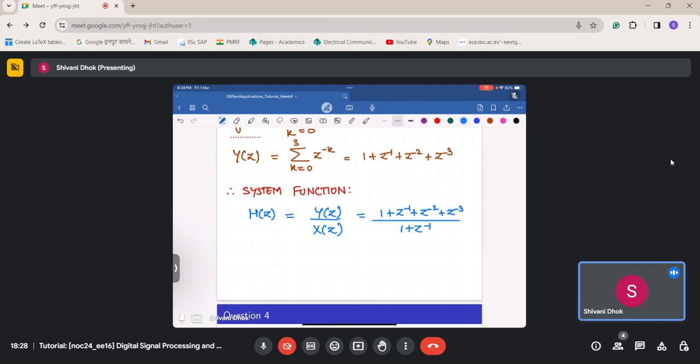So this is my system function, or h of z. This is the final answer that we have. Any questions?